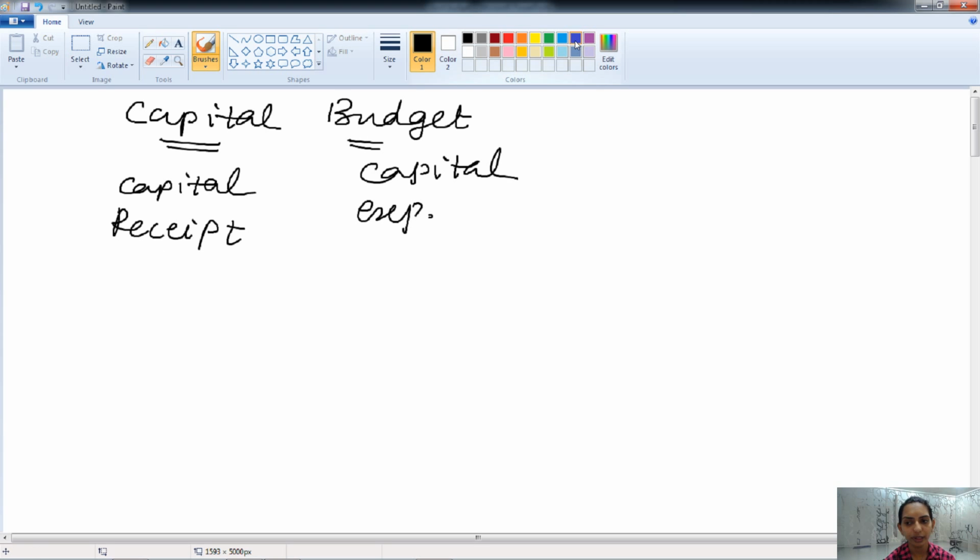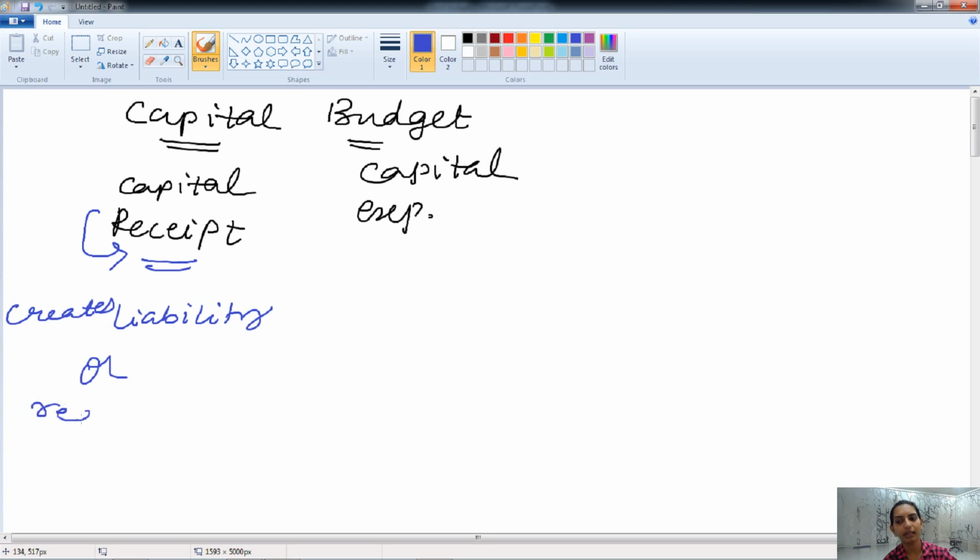Okay, over here let's first talk about the capital receipt. A capital receipt creates a liability or a reduction in asset.